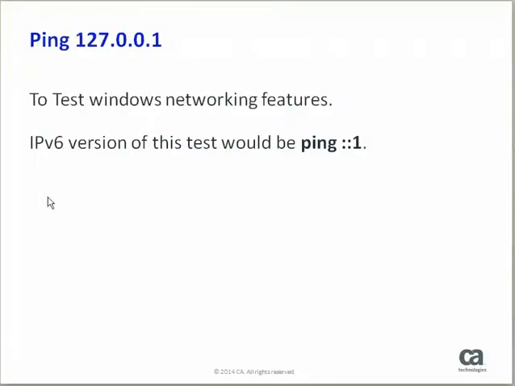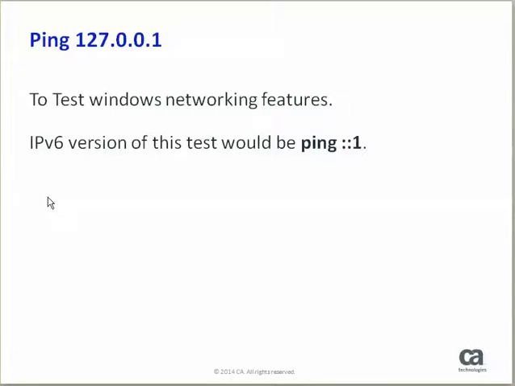The last important utility which we use to test Windows networking features is by pinging 127.0.0.1, which is also called the IPv4 localhost IP address, or IPv4 loopback IP address.